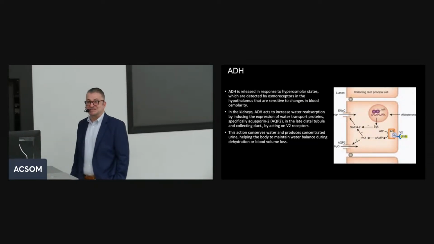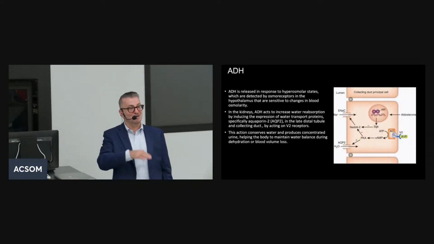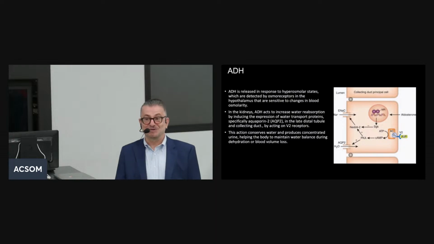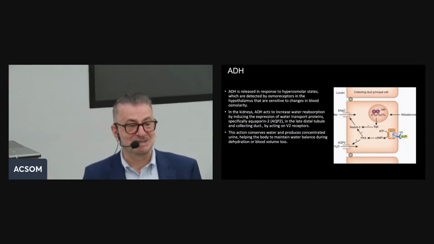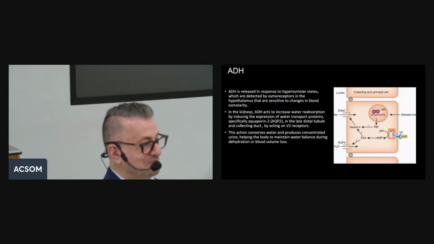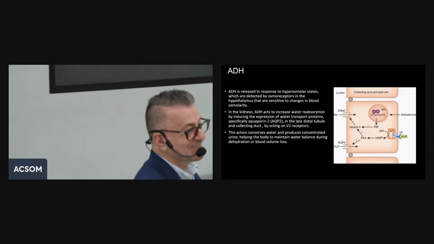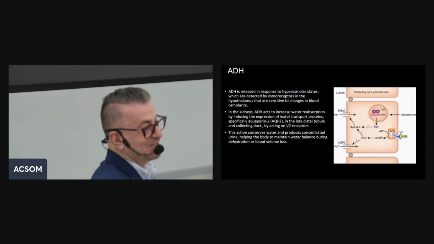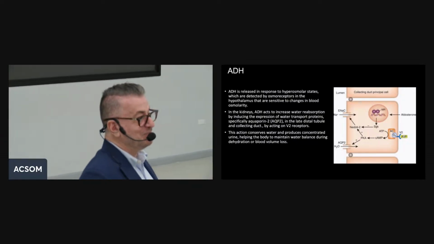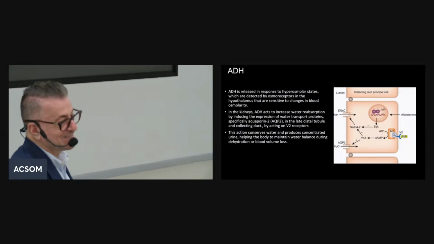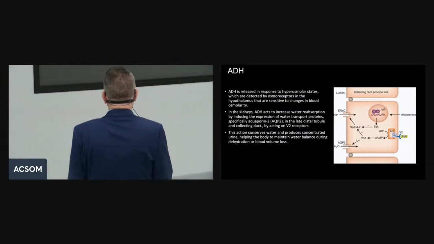If you have hyponatremia, would you have more ADH or less ADH? If your kidneys are working well and they want to respond to hyponatremia, what should happen to ADH? The ADH should decrease. Very good. And if you have hypernatremia, what should happen? Okay, very good.